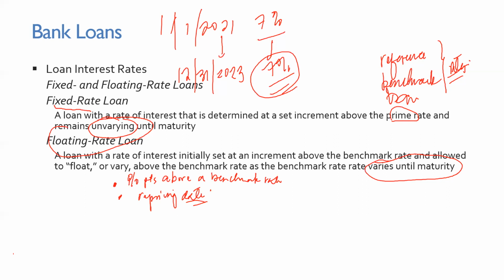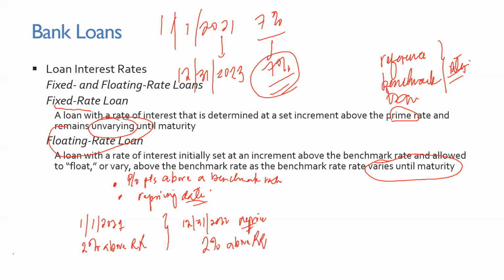Okay? So, for example, you borrowed on January 1, 2021, and the rate is 2% above the reference rate. The loan says that by December 31, 2021, you will reprice on that date. How is the repricing done? Same, 2% above the reference rate.